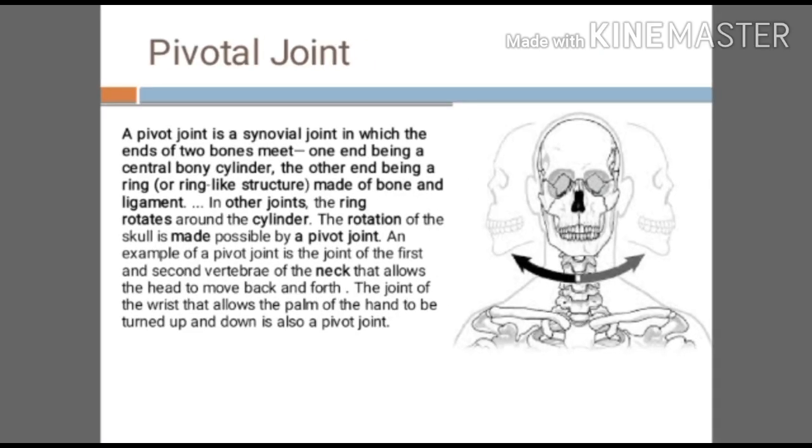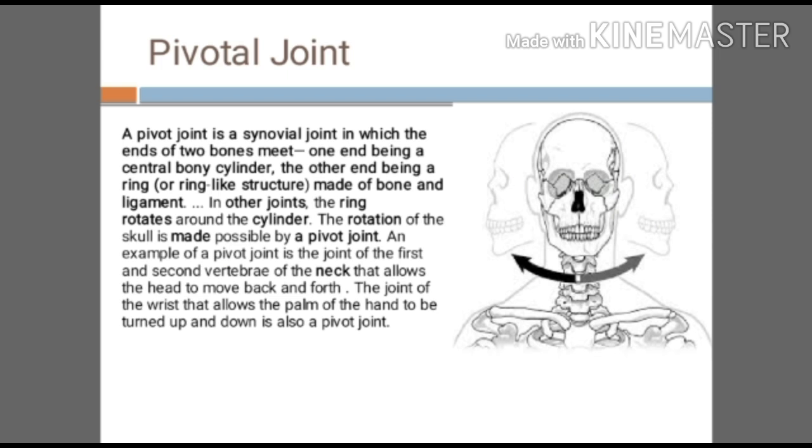Pivotal joint. A pivotal joint is a synovial joint in which the ends of two bones meet. One end is a central bony peg, the other end is a ring or ring-like structure made of bone and ligament. In these joints, the ring rotates around the peg.